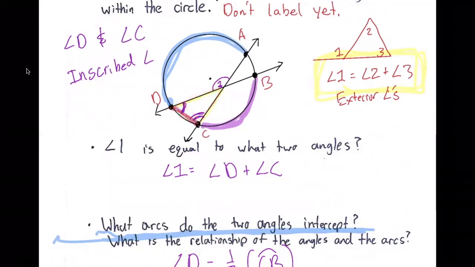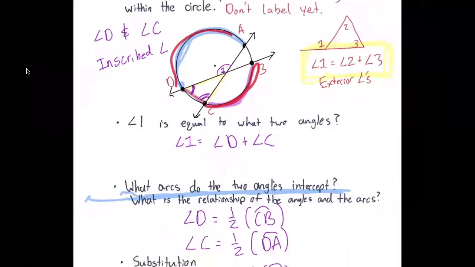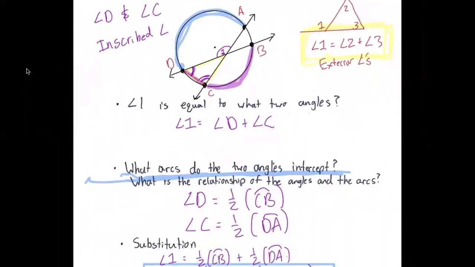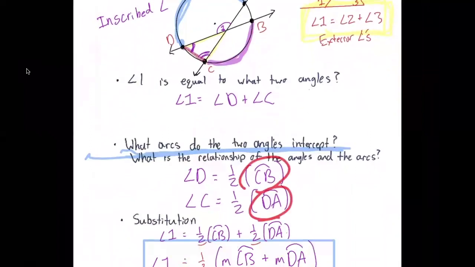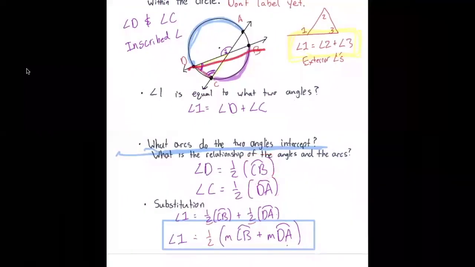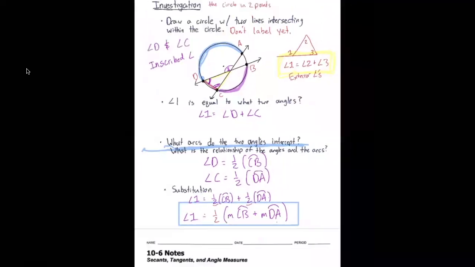So making that triangle, and then using your two inscribed angles to connect it with the two arcs here. Those two inscribed angles equal 1/2 of those arcs, and it ends up being these arcs are intercepted by the two secant lines that make angle 1.